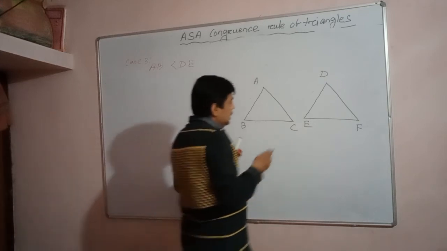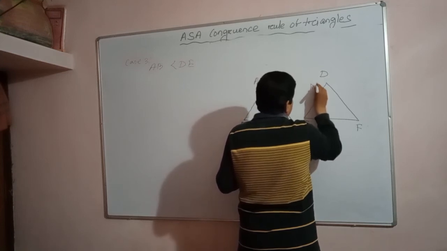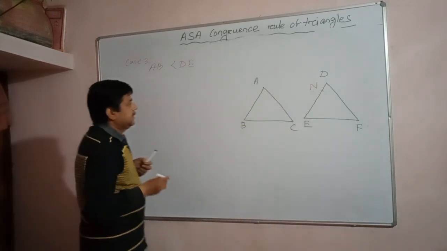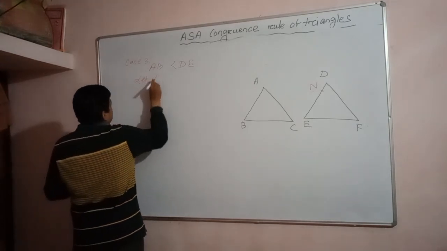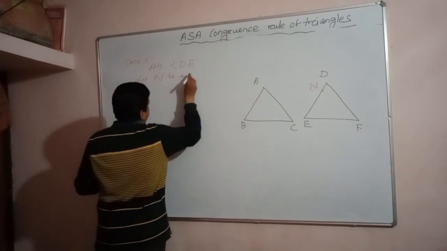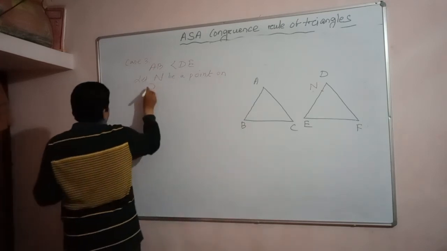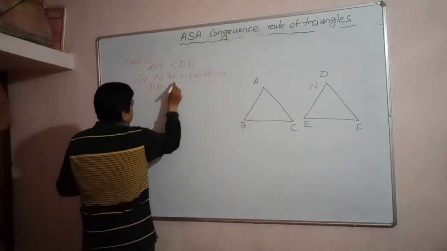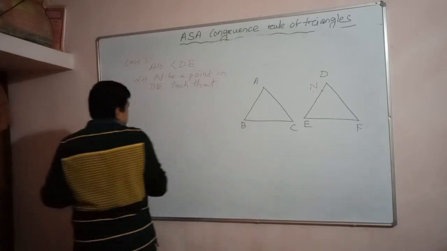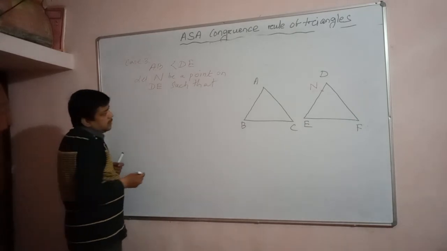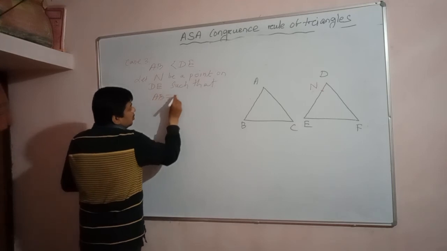Let N be a point on the side D, because D is greater, such that, as you can see, it is part of the construction, AB is equal to NE.